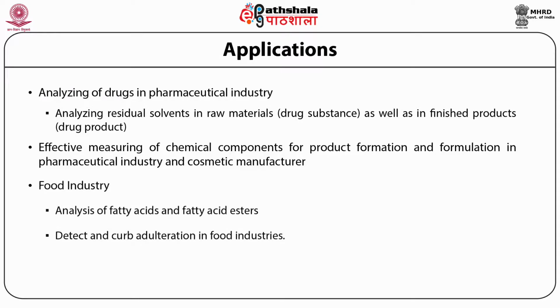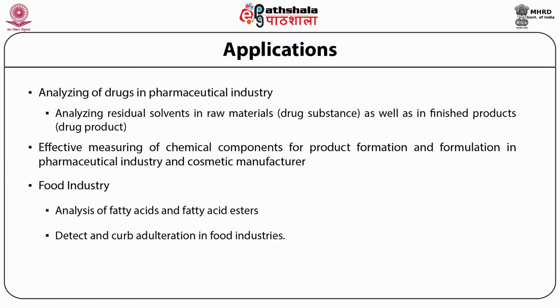Fatty acid analysis is routinely used in the food sector to assess the quality of fats, raw material, oils and fatty acid composition of food products, thereby taking stock of nutritional or health status in humans. Gas chromatography is used by government agencies to detect and curb adulteration in food industries.